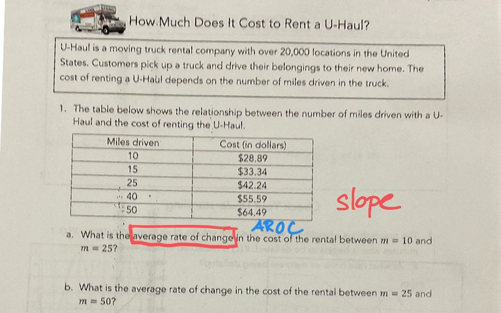How do we find slope? It says between M equals 10 and M equals 25. That essentially means I'm looking at these two values. Those are 2 points with an X and a Y. How can I find slope given 2 points?